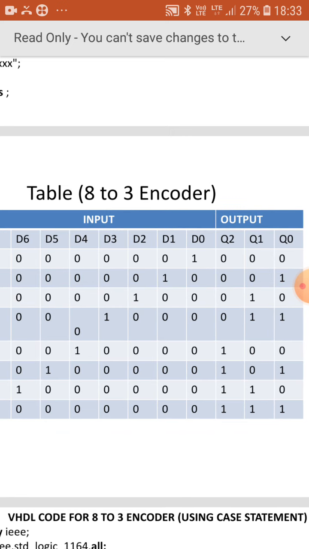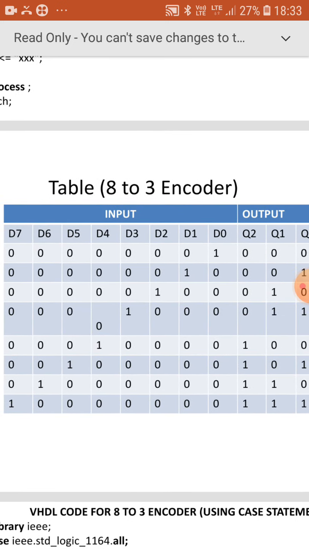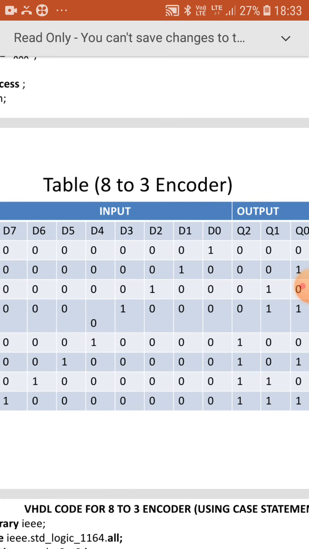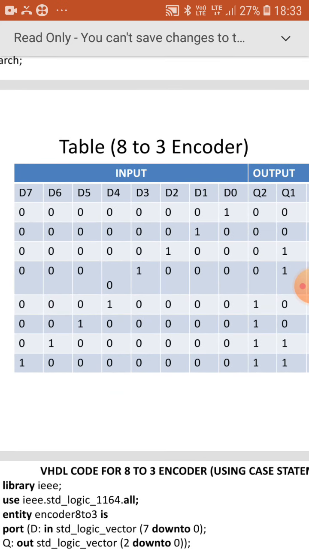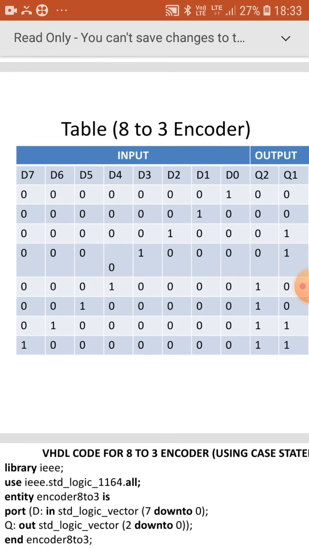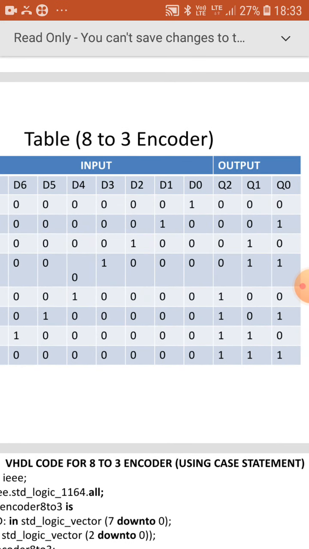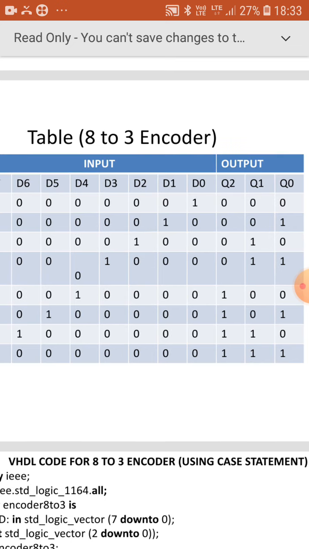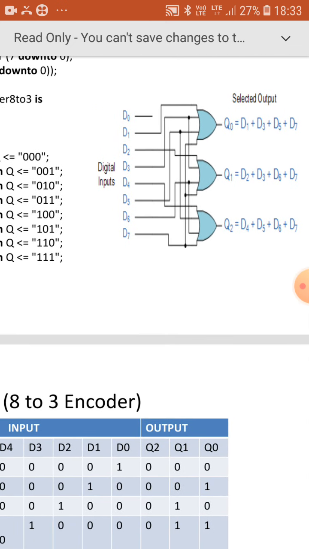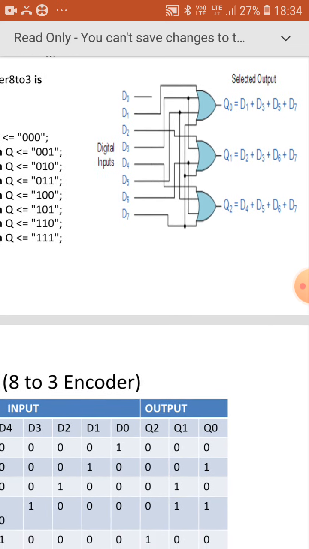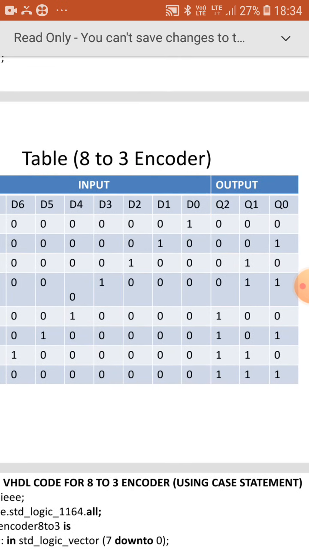Next, you see the column Q1. Q1 is equal to 1 when D2 is equal to 1 or when D3 is equal to 1 or when D6 is equal to 1 or when D7 is equal to 1. So Q1 is equal to D2 plus D3 plus D6 plus D7, that is, D2 or D3 or D6 or D7. Next, you see the column Q0.